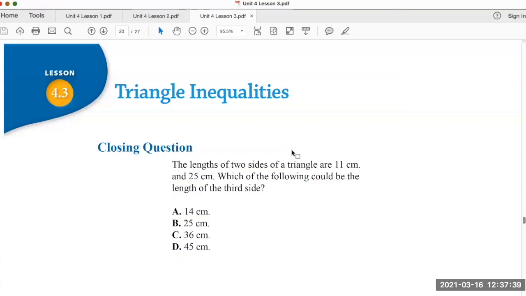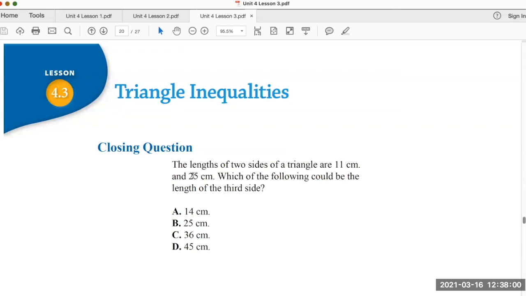Now, this is a question you'll see on a test. In this question, it's asking, given the lengths of two sides of a triangle, 11 and 25, what's the length of the third side? Well, you're going to have a range because you don't know if 25 or 11 are the largest or smallest sides in that triangle.